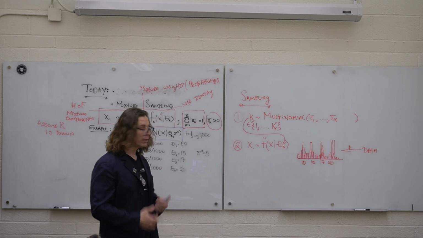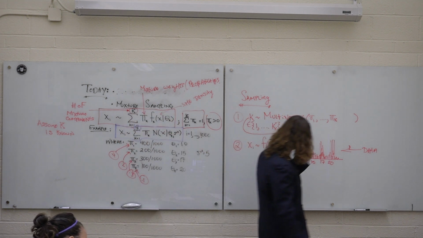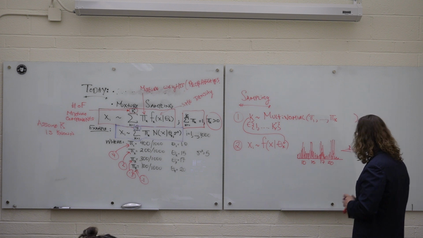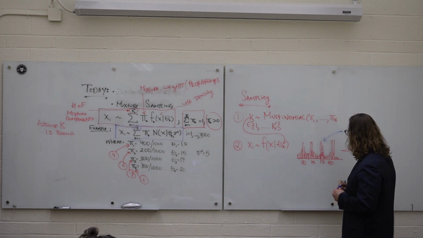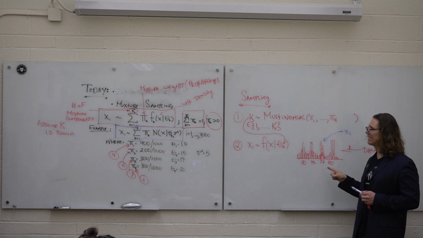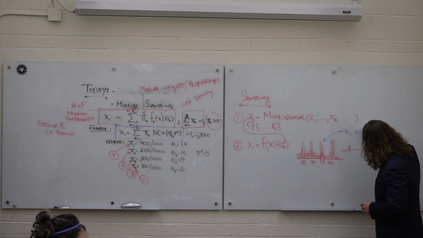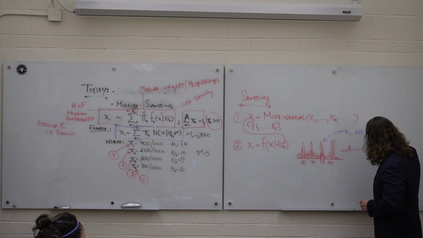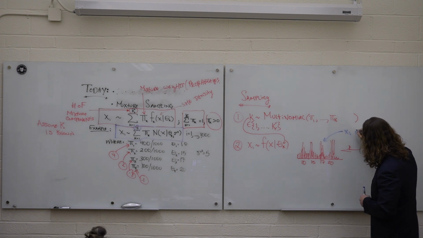Flip a coin, then sample from that component. At the end of the day, your XIs are all in here. And this is usually what we get to see. So we observe this. We observe this stuff.